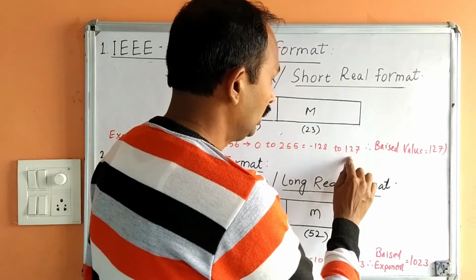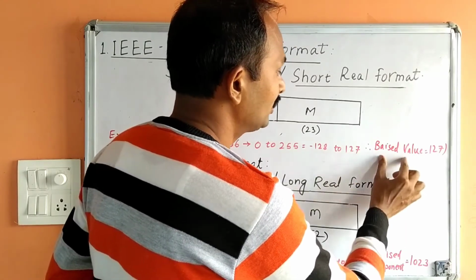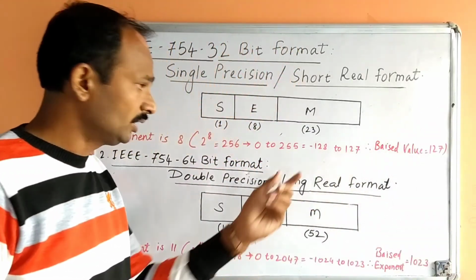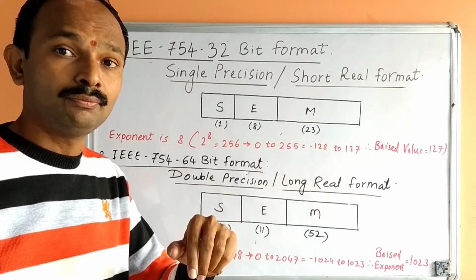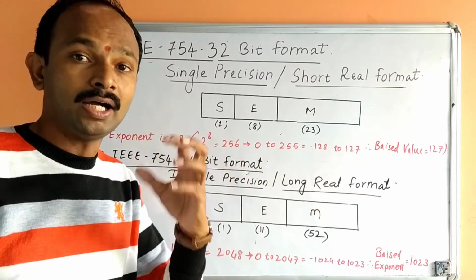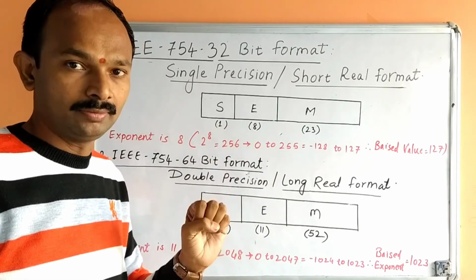Out of this, the value 127 is taken as the bias value. This we will take for solving the numericals. At that time, to avoid confusion, I am telling you now how that bias value comes.